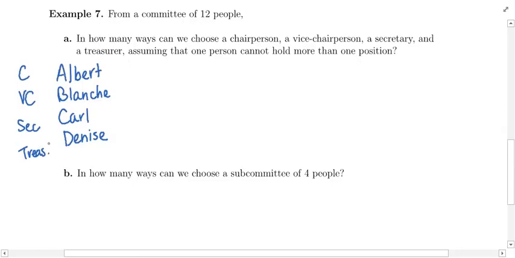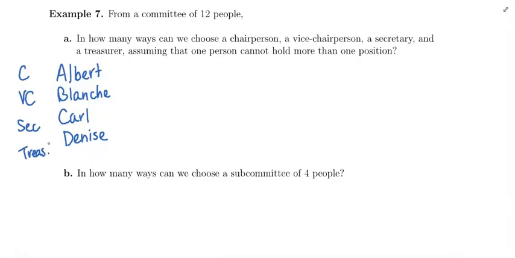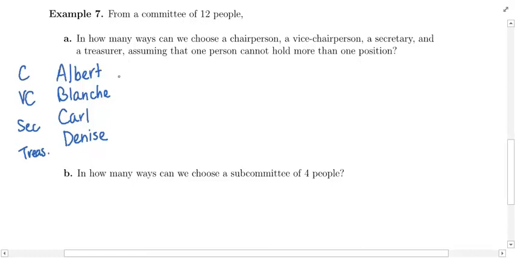So if you're trying to figure out if this is a permutation or a combination, switch the order and see if this makes a difference. So let's go ahead and change this up. Let's change it so that the order goes Blanche, Denise, Albert, Carl.